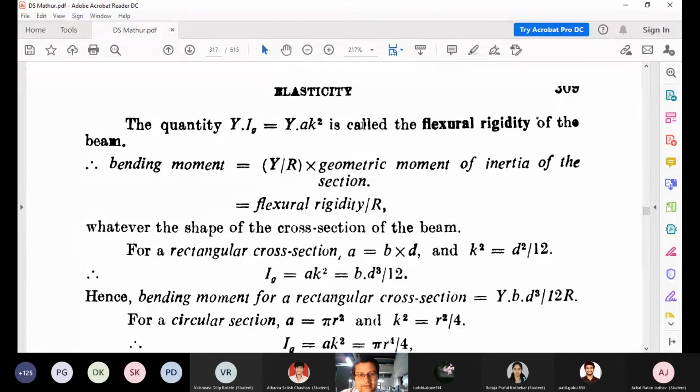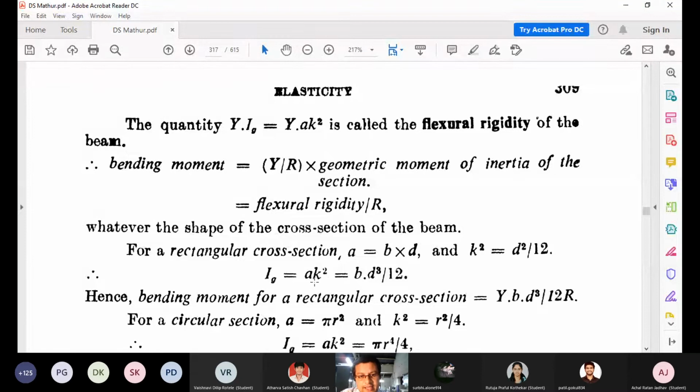So Y Ak square is your flexural rigidity. That is, Y into the geometrical moment of inertia is your flexural rigidity, and flexural rigidity is divided by the curvature radius R, that's in the denominator. Whatever the shape of the cross section of the beam, accordingly you will have this particular geometrical cross sectional area.